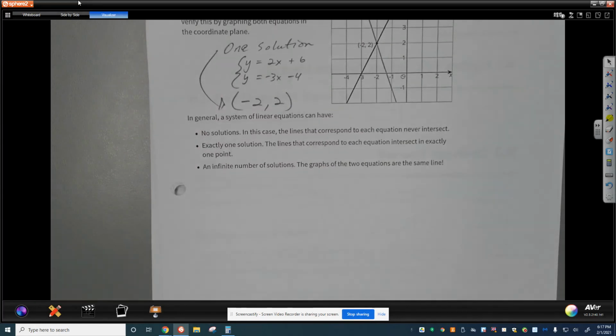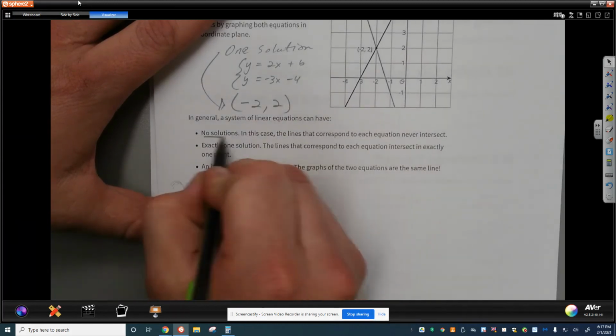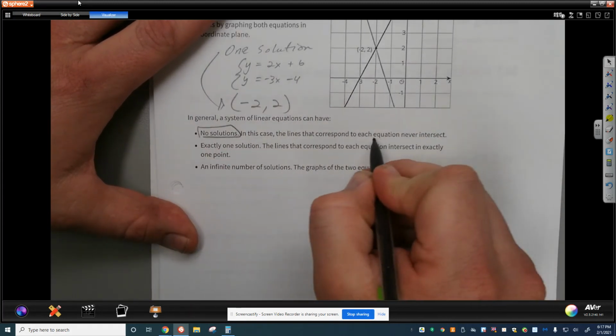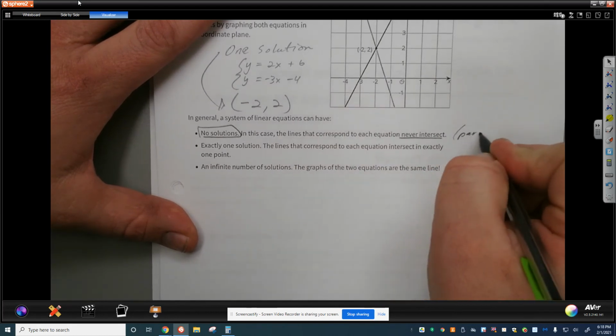So no solutions: in this case, the lines never intersect. This would be parallel lines.